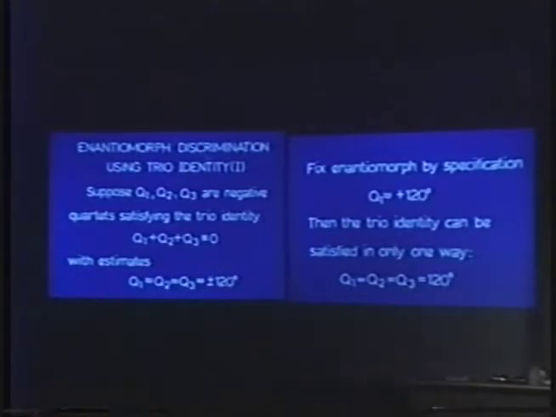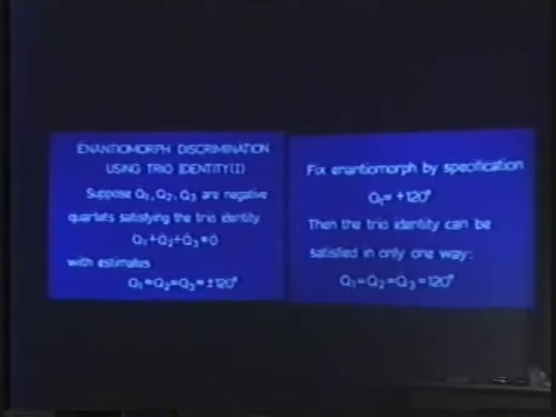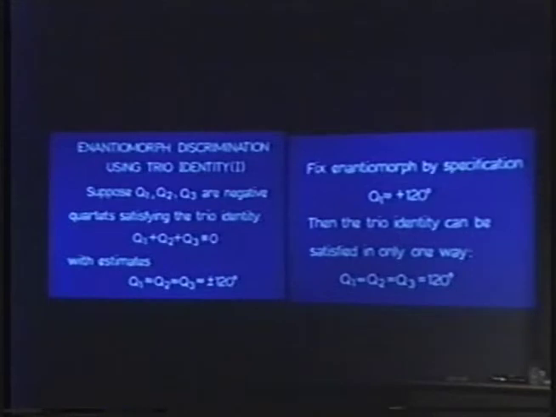For negative quartets, though, the expected values of the cosines are always negative, which means that the quartets themselves must lie between 90 degrees and 180 degrees, or between minus 90 degrees and minus 180 degrees.